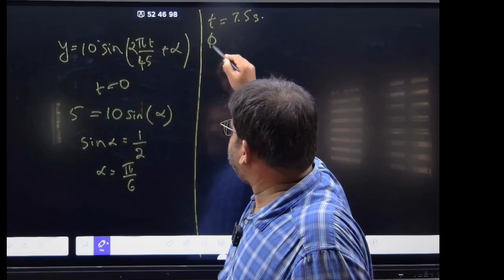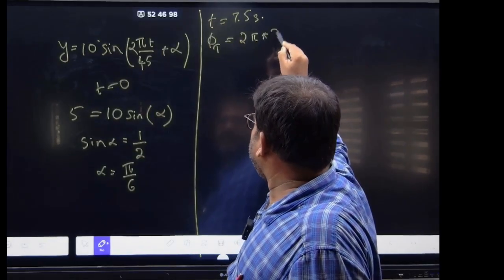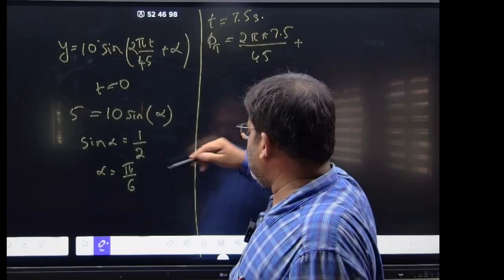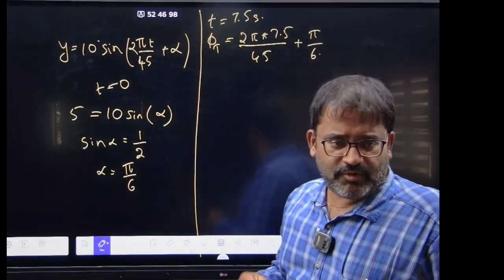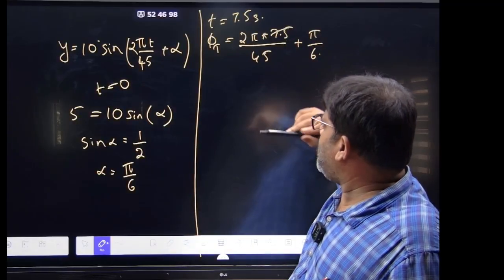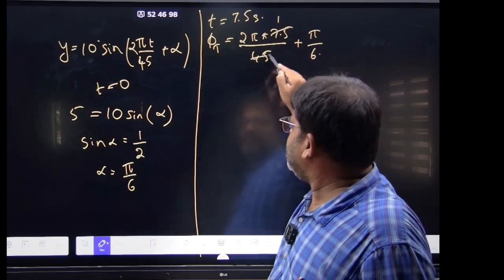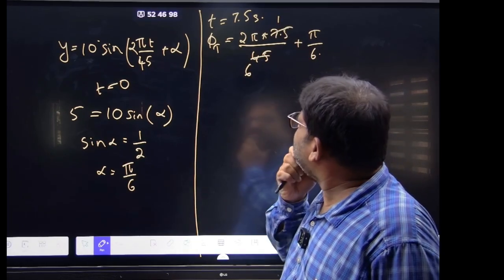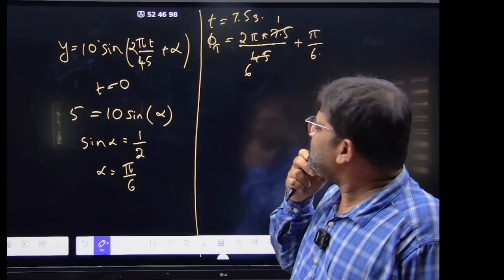That means phi total is equal to 2 pi into 7.5 divided by 45 plus pi by 6. Now, how can we divide this? Verified?